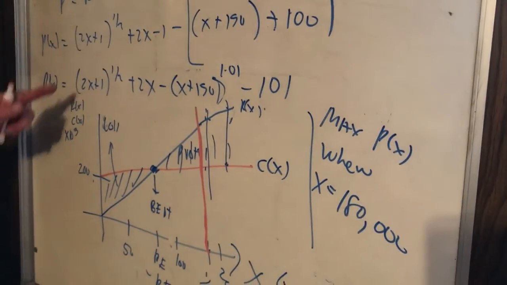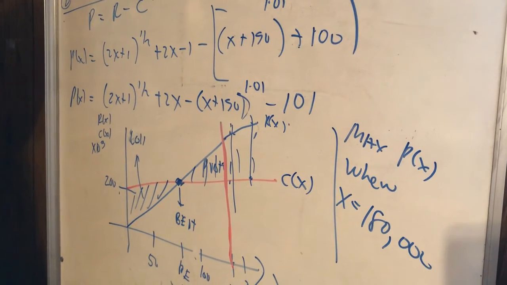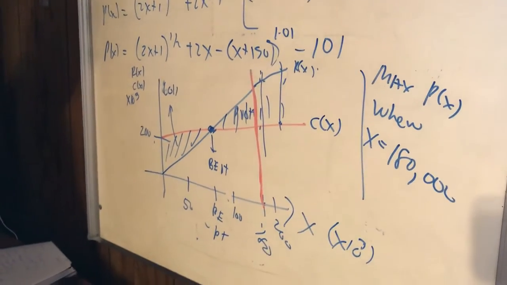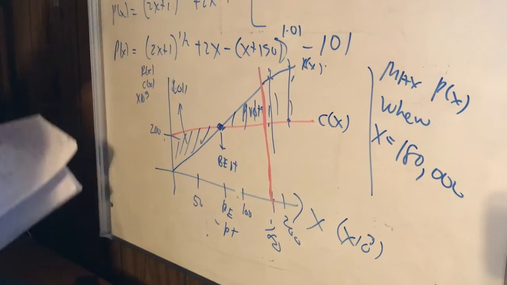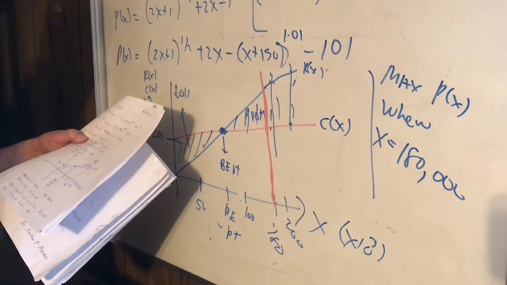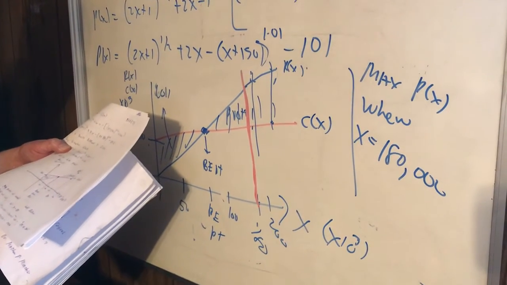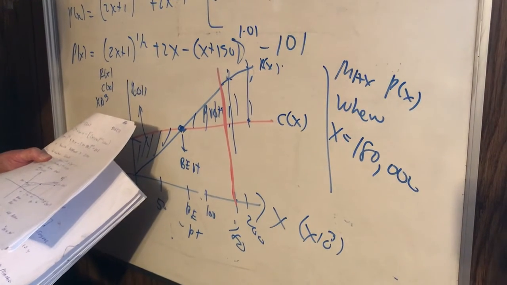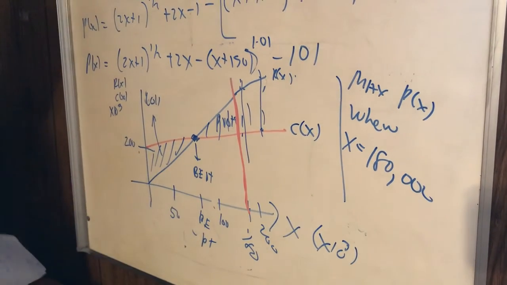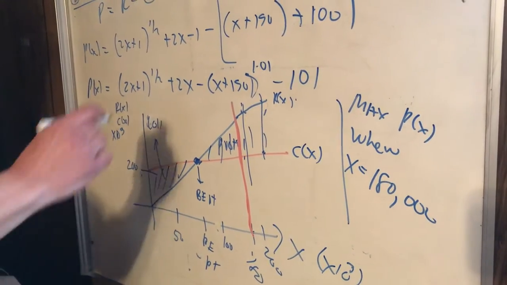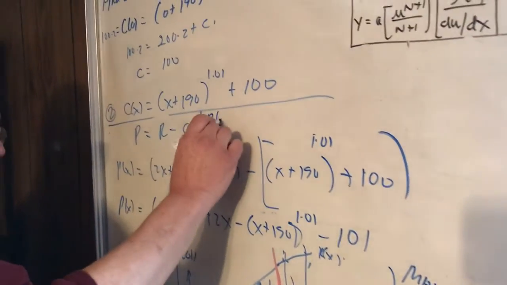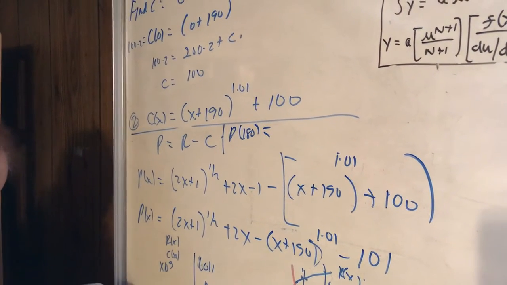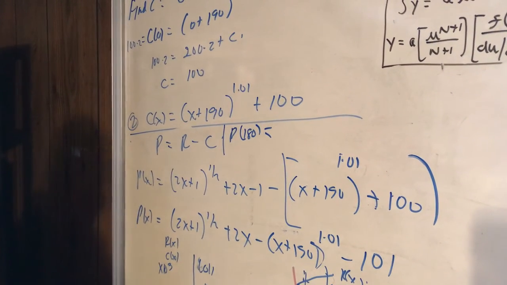That's the nature of these two graphs. The maximum profit is at the widest gap between them, and if you figure out the profit at 180, you'll find that it's going to be 85,400.